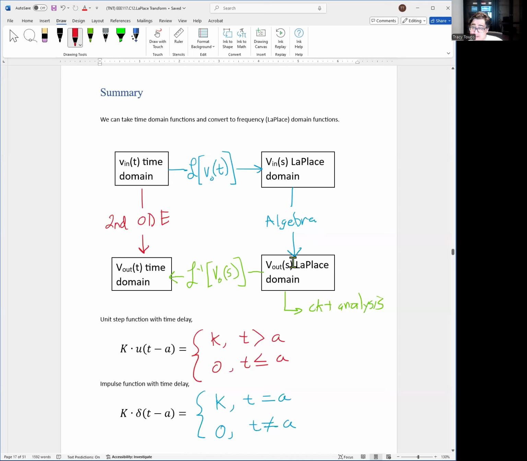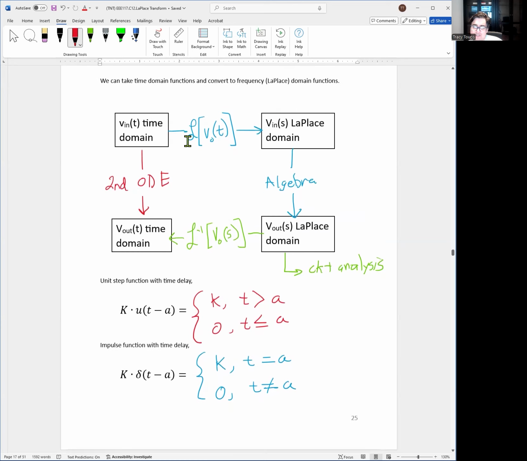We might just stay there and build an entire circuit board based on this, or we could go back to the time domain with an inverse Laplace transform if needed. Going the long way around through the Laplace domain is quicker than solving a second order differential equation, and that's why we use it.